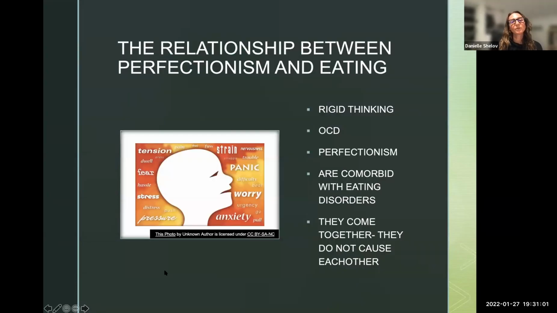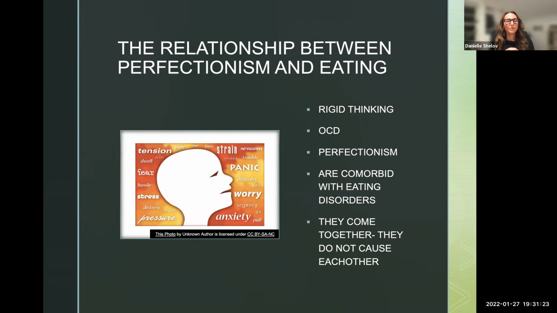So the relationship between perfectionism and eating, because that's complicated. Like I said in the beginning, eating disorders are coupled with rigid thinking, OCD, and perfectionism. And they're comorbid, right? They come together, they don't cause each other. The problem is that they reinforce each other.